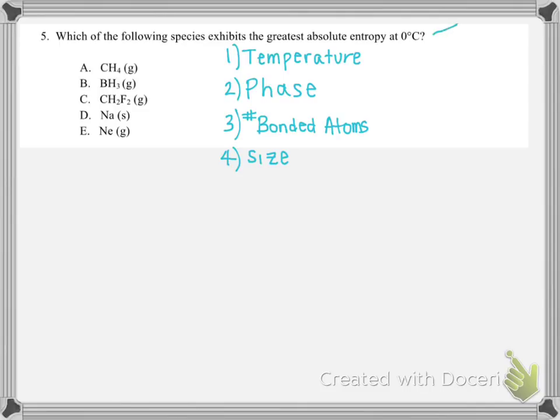They tell us that all of these are at the same temperature, so I'm not going to worry about that. Then I look at the phases, because we know solids are the least entropic, whereas gases are the most entropic phase. So I can go ahead and eliminate anything that's not a gas, because it's asking us for things with the most entropy.